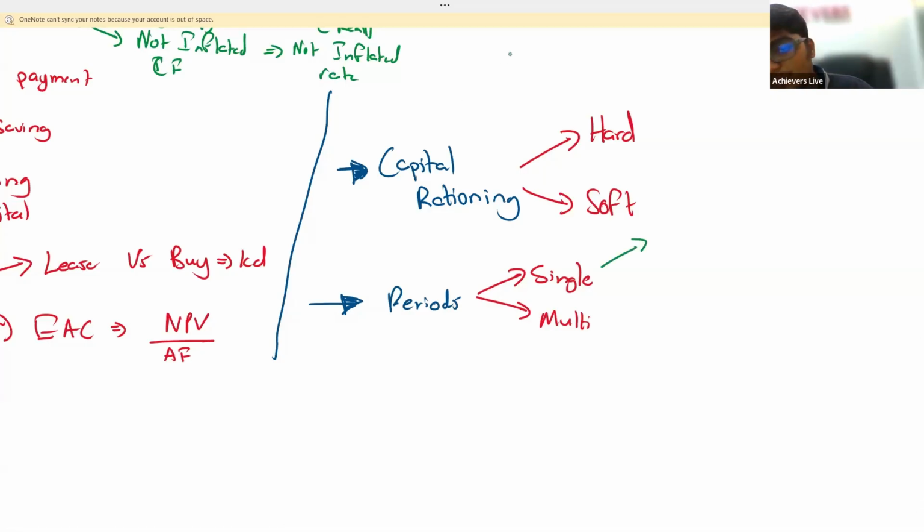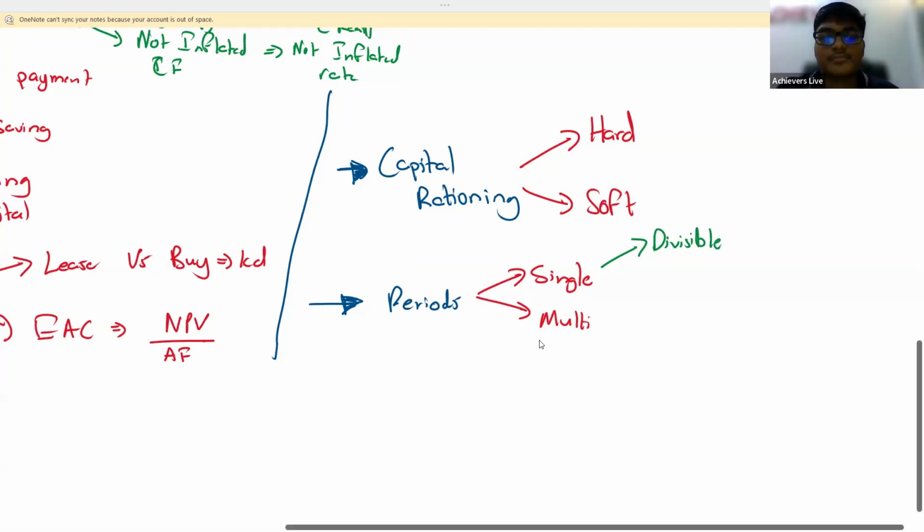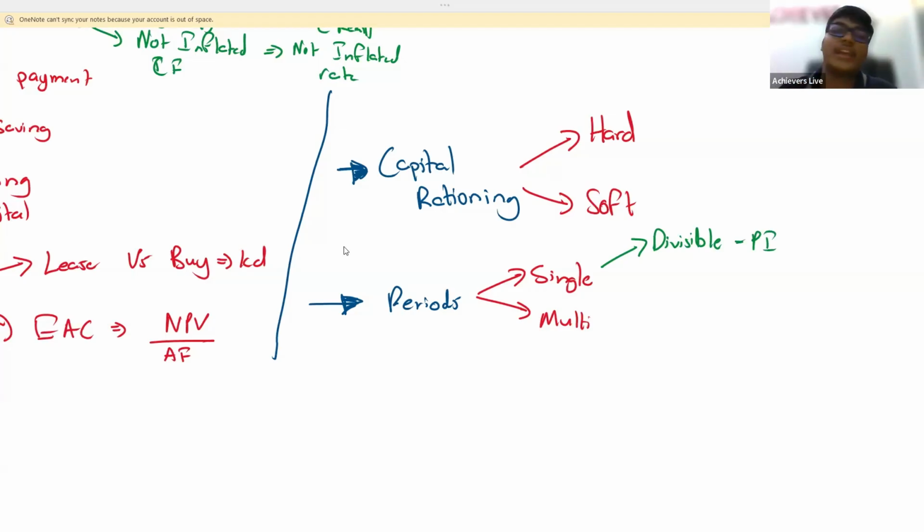Okay, only single period. So under single period capital rationing, we are going to look at a few things. First one is divisible projects. How do we deal with divisible projects? Profitability index. How do you calculate profitability index? NPV divided by the investment.